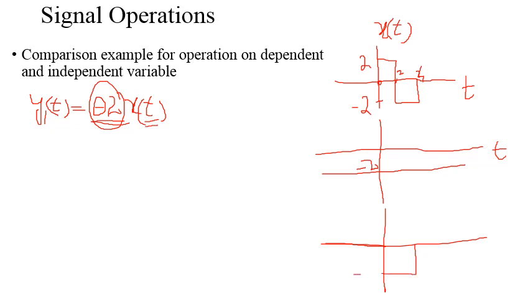So minus 4 again. Okay, now from 2 up to 4, this signal is minus 2, and from 2 up to 4, right, this signal is minus 2. So minus 2 multiplied by minus 2 will result into plus 4. So that means we get something like this, okay, up to 4. So this is 4, right?